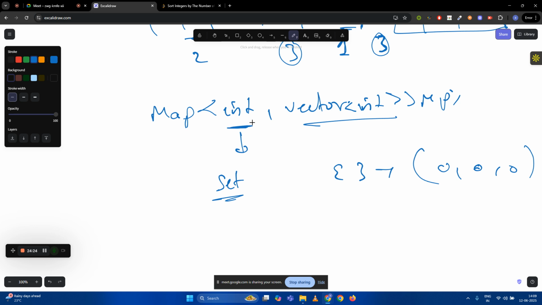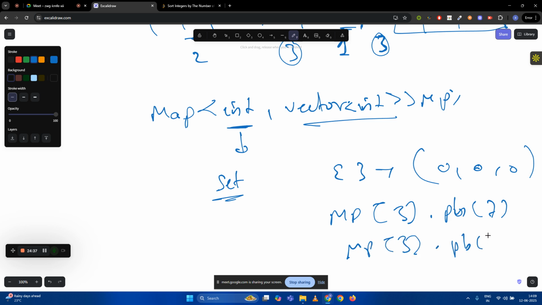So you would calculate for each number the number of set bits and you would put that number. Suppose number of set bit is 3, so mp3 dot pushback that number, let's say 7, mp3 dot pushback, let's say 13, and so on. After doing this for all the numbers, you are having hash map 3 with 13 comma 7, or 7 comma 13, anything.